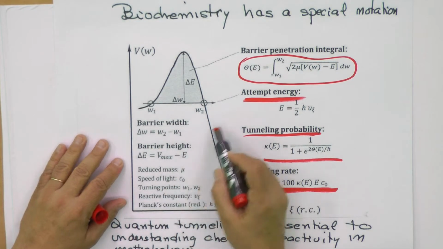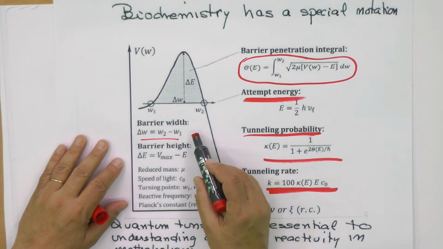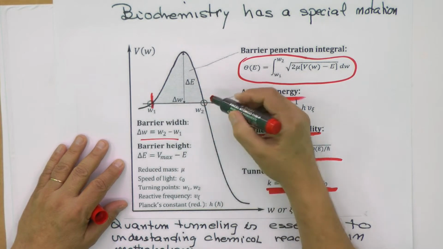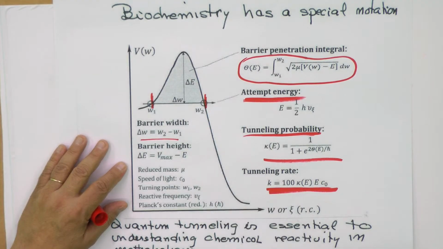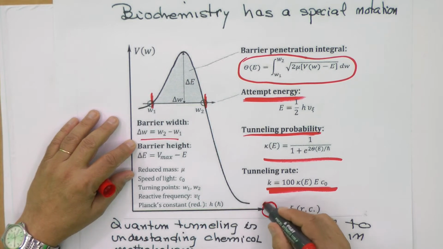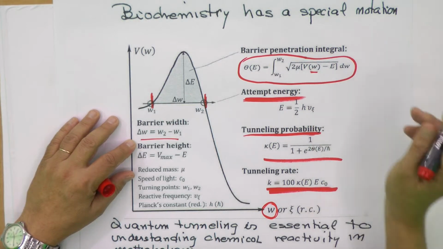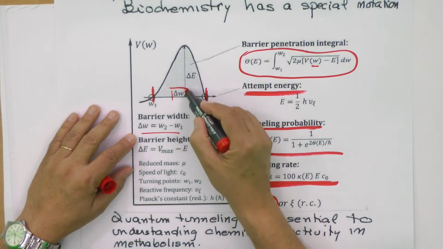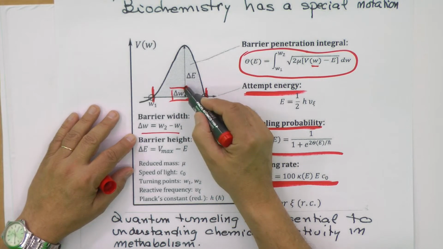So the difference of energy here, delta W, is the barrier width, because you have the potential. You come from this point to this point. So you're going here, they call W the coordinate, right? It's okay. V of W is fine. So this is the width, because they call it W because of width.